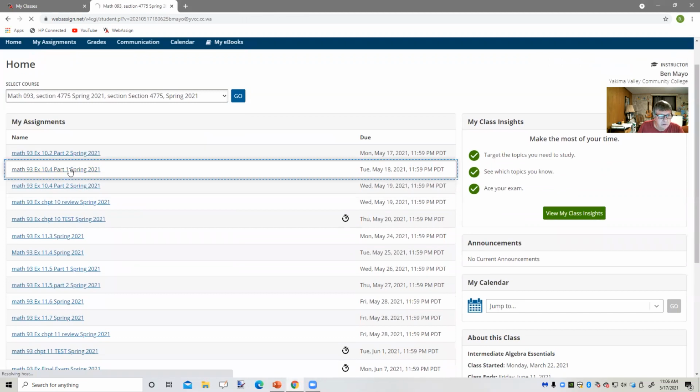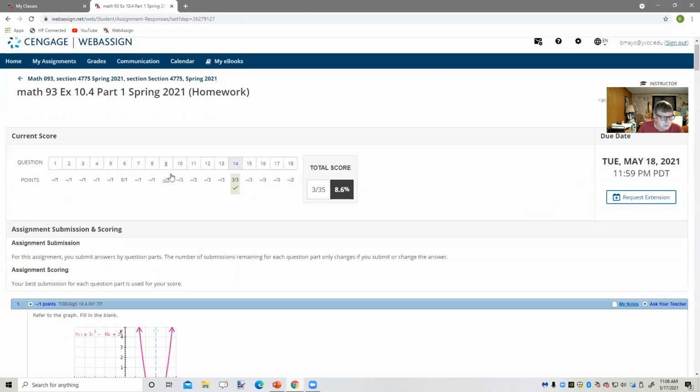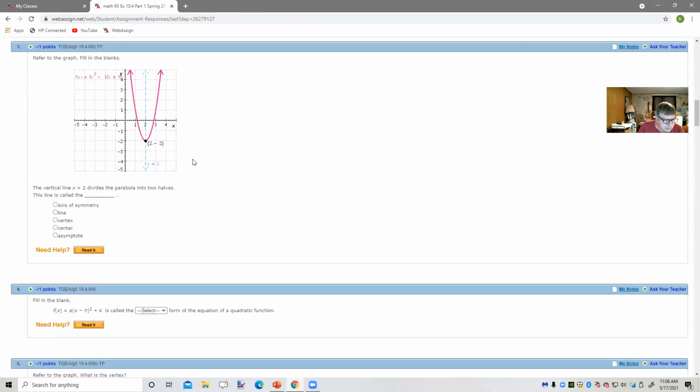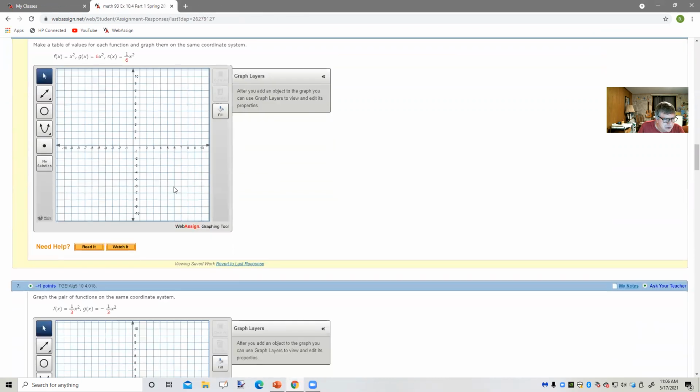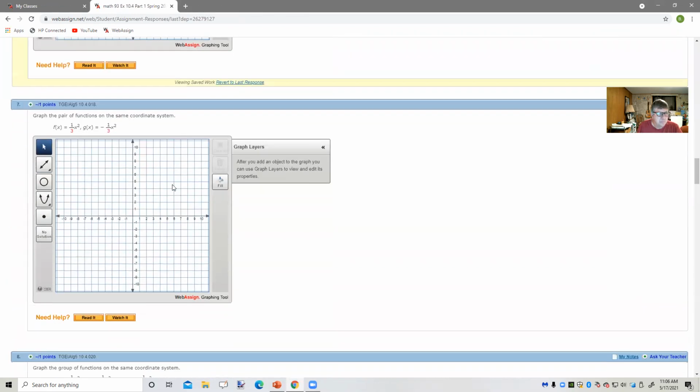The reason I'm doing all of this is I wanted to find one that had a fraction. Okay, let's take a look at this one. Graph the pair of functions on the same coordinate system. So we've got f of x equals 1/3 x squared and g of x equals -1/3 x squared.